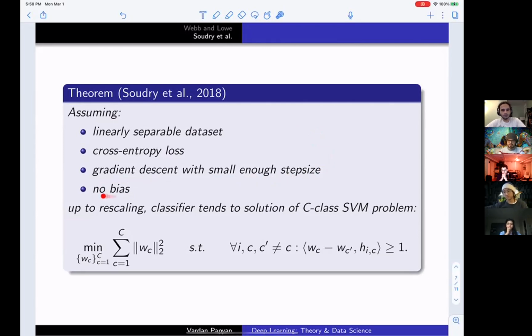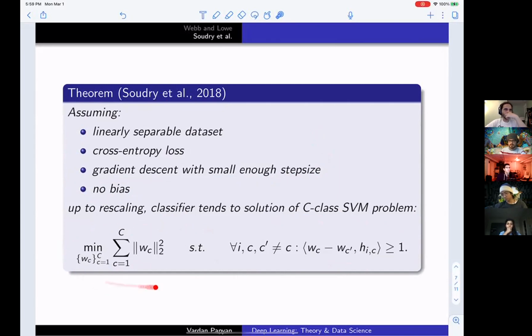And if you assume that there is no bias, because bias complicates life. All of these are just assumptions that were made in the original work. Then you can prove that the classifier tends to the solution of this problem. So it's a max margin classifier.